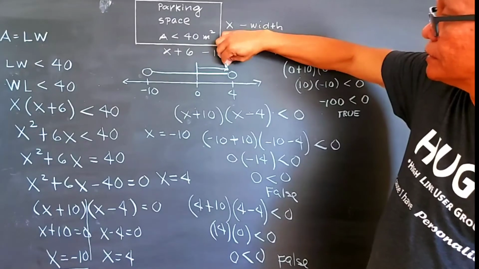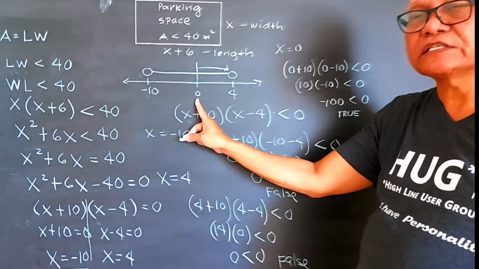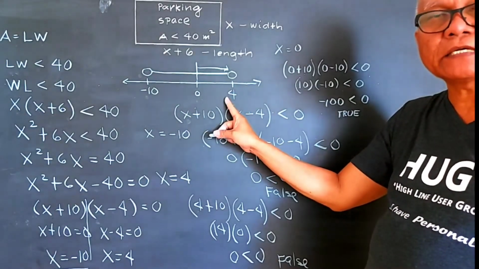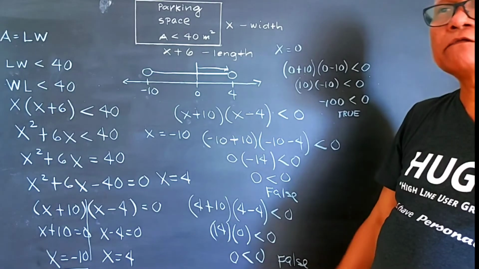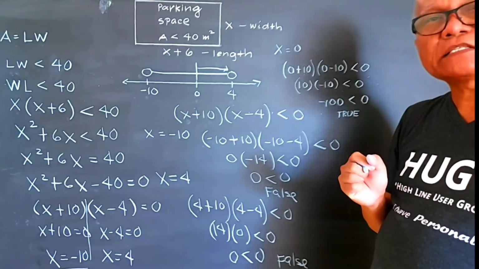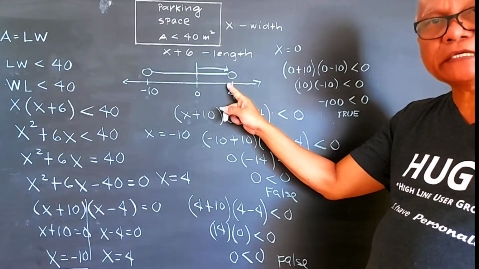The 0 also is not included. You can start from 0.1 up to 3.9999, or if you have the value to the nearest meters, then you can have the 1, the 2, or the 3.